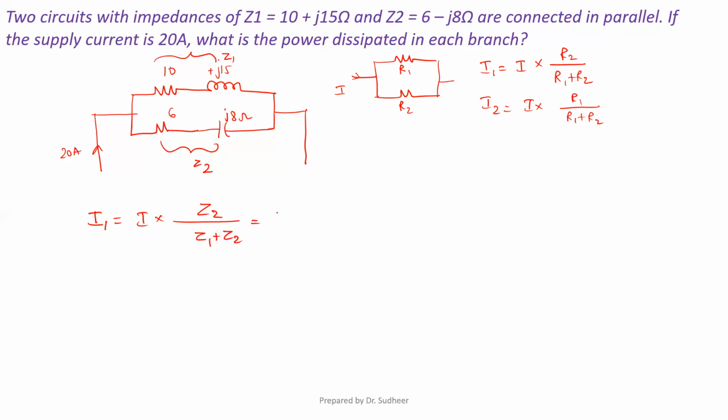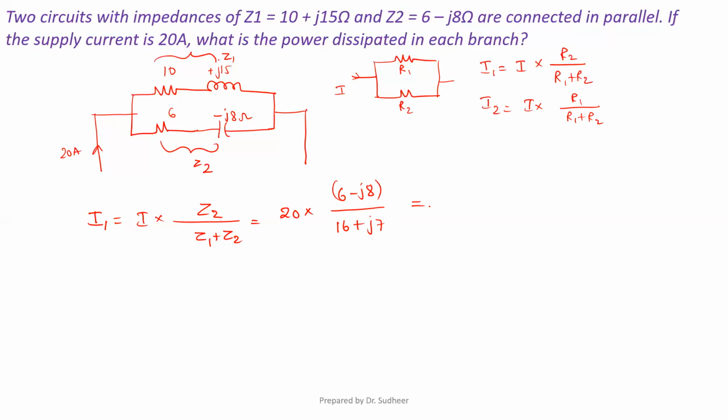So what is the total current? He is saying 20 amperes into the opposite impedance, that is 6 minus j8, divided by the sum Z1 plus Z2, that is 10 plus 6, 16, and 15 minus 8, plus j7.